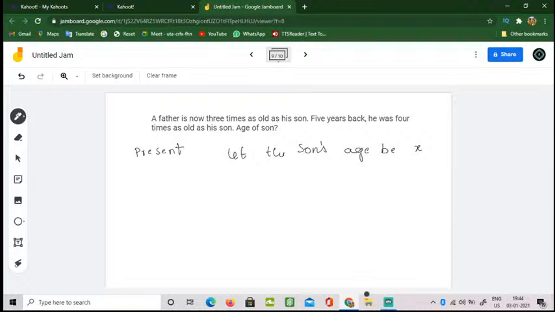And 5 years back, he was 4 times as old as his son. So the son's age 5 years back is x minus 5.